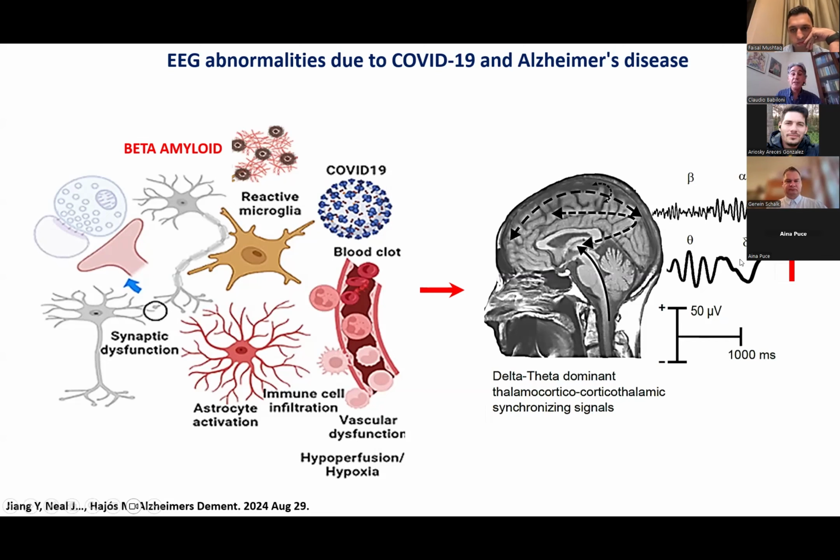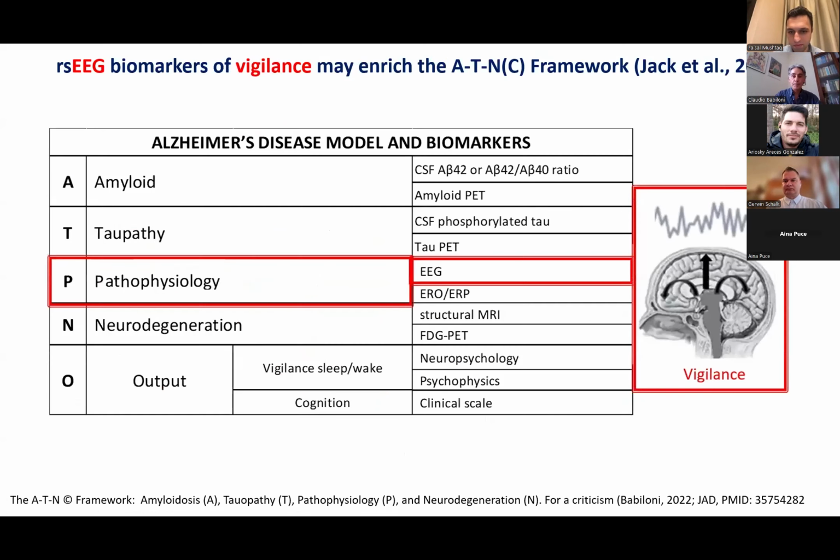Reduction of alpha, increase of delta. So one can predict that people developing Alzheimer's disease and having some brain fog post-COVID symptoms may have really an increased risk of a fast disease progression.